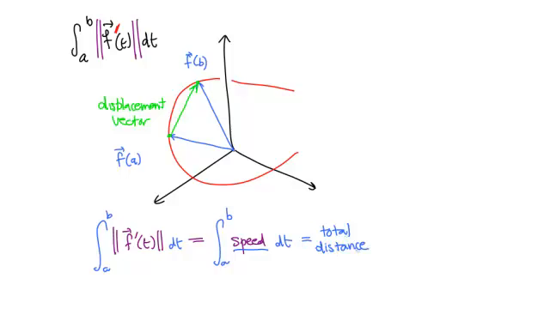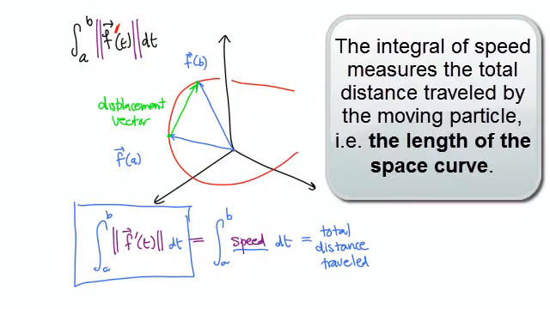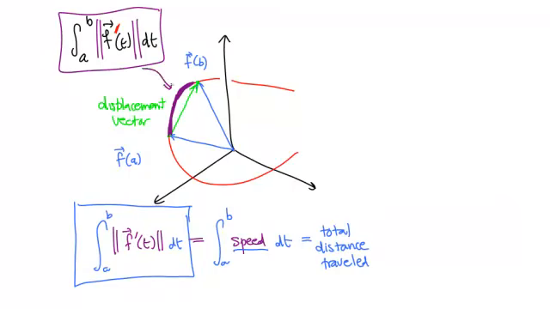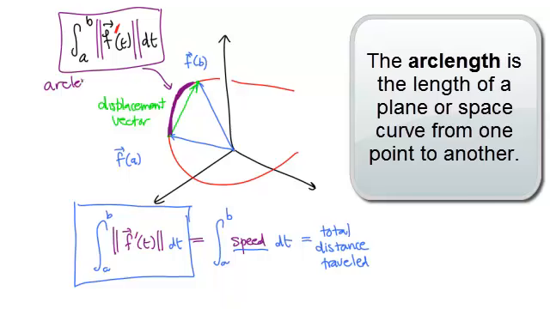Not just the displacement, but the actual total distance you've walked forwards and backwards. Well, if the integral of speed in one variable is the distance you travel in a straight line, then it makes sense that the integral of speed in three variables would give you the distance you traveled along this curve. And so that's what this integral right here measures. It measures what's called the arc length, how long you've traveled.